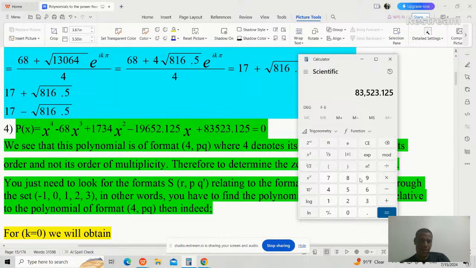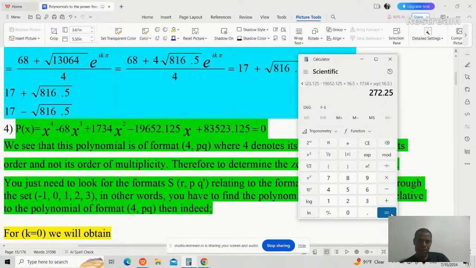Minus 19,652.125 times 16.5, plus 1,734 times 16.5 squared.